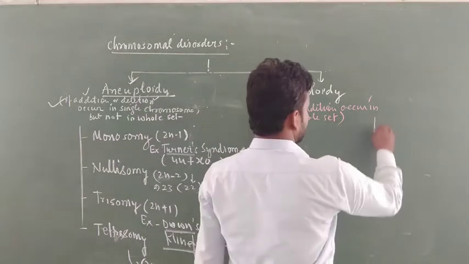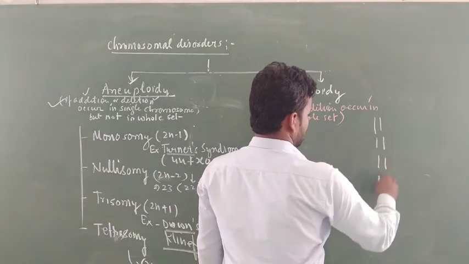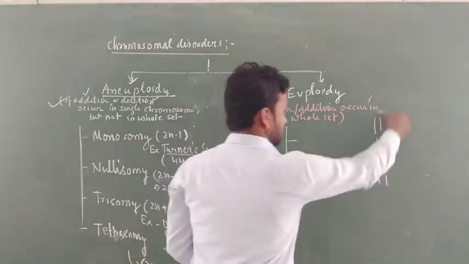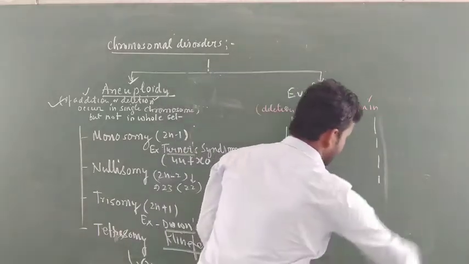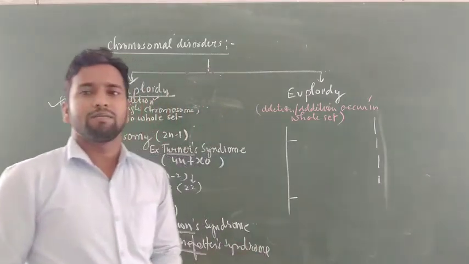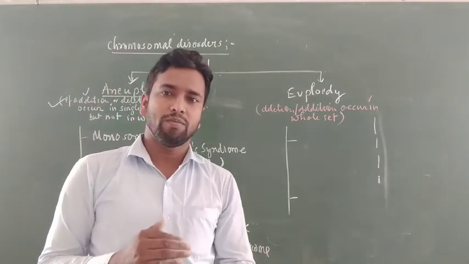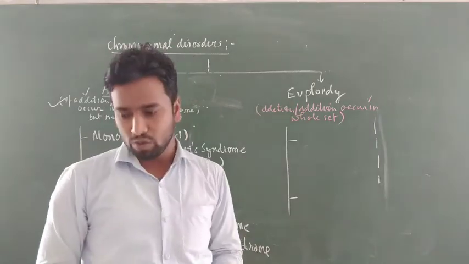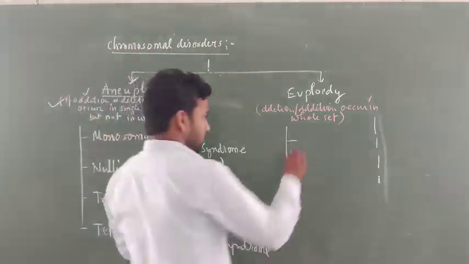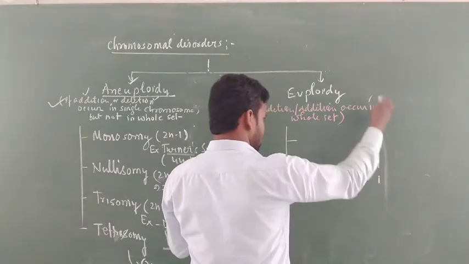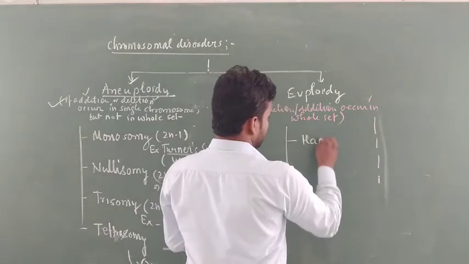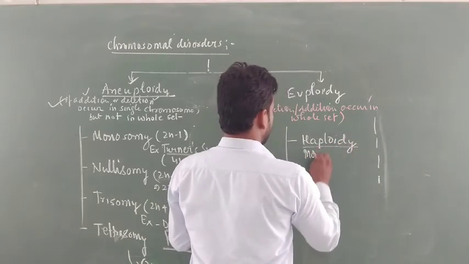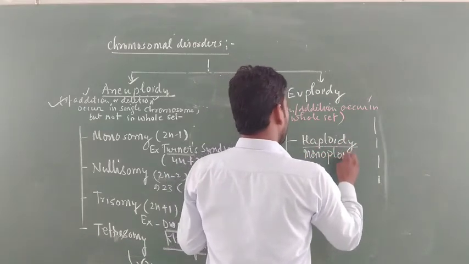Here, deletion and addition occur not in a single chromosome but in the whole set. Suppose an organism loses a whole haploid set. This is considered under euploidy, under haploidy or monoploidy conditions.